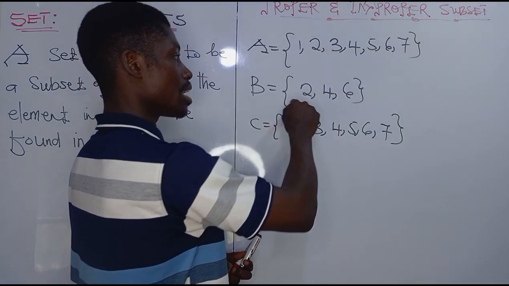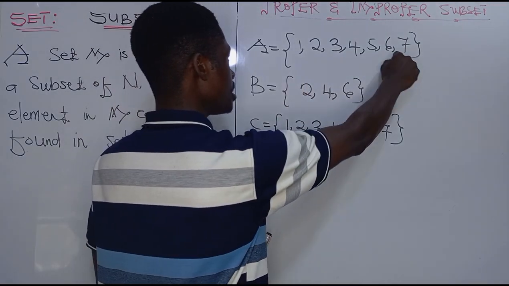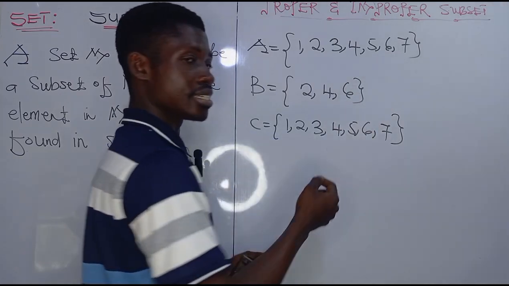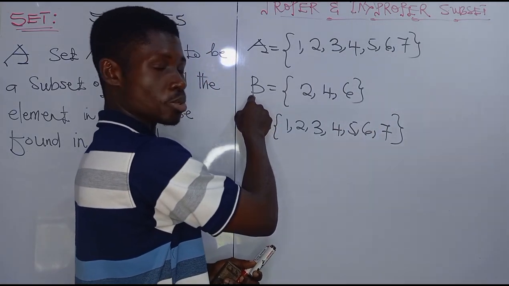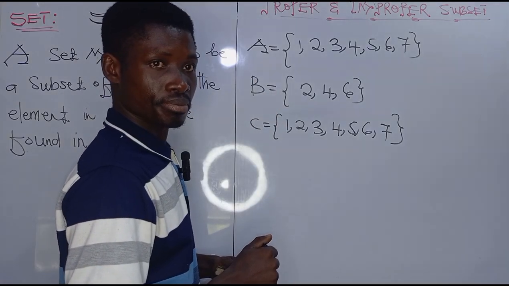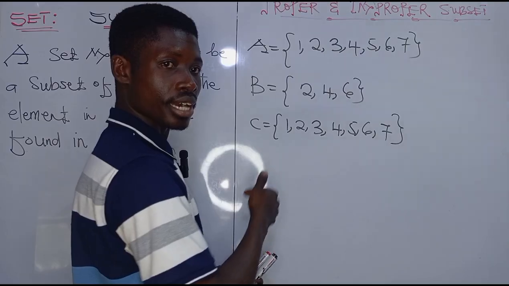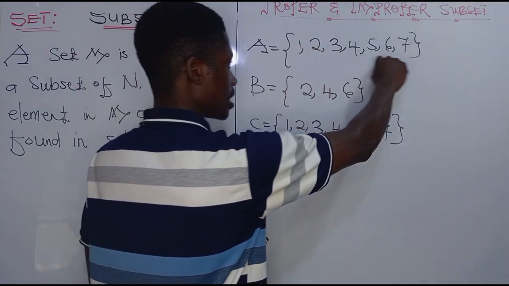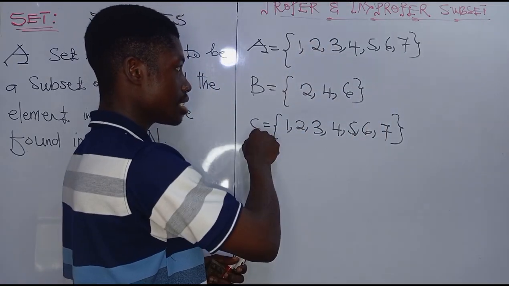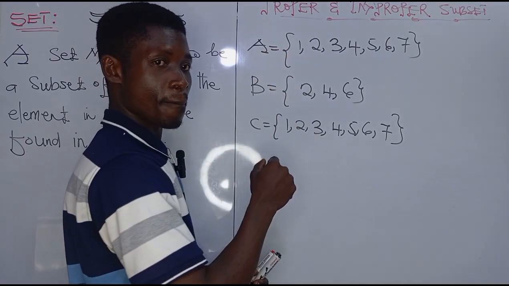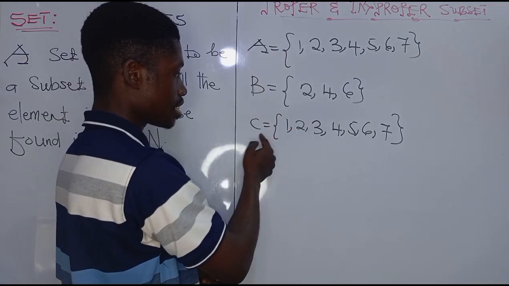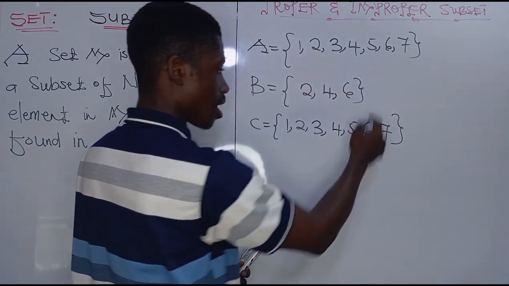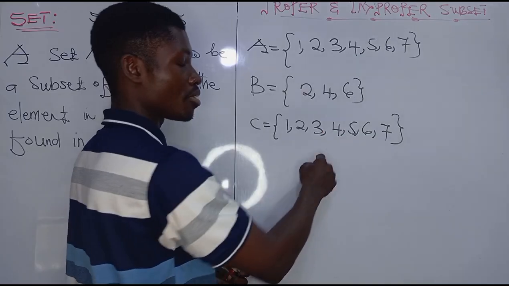Because all the elements in set B can be found in set A. Therefore, set B becomes a subset of set A. Set C, you can also observe that all the elements in set C can be found in set A. Therefore, we can say that set C is a subset of set A, or set A is a subset of set B, because all the elements can be found here and all the elements in this set can also be found here. So they are subsets of each other.